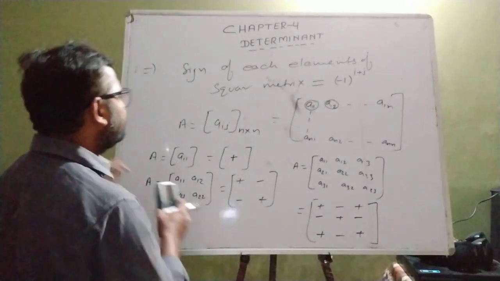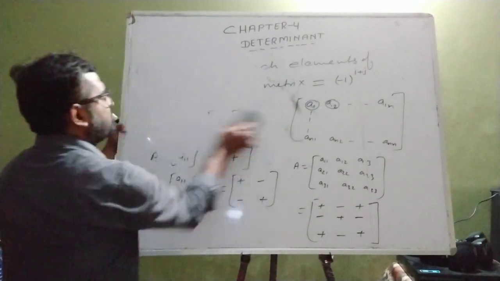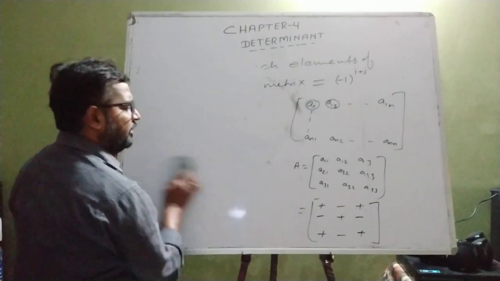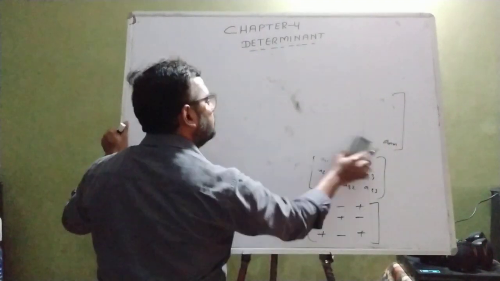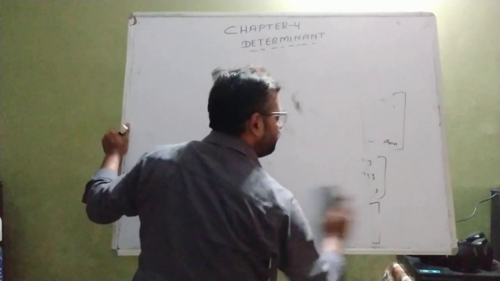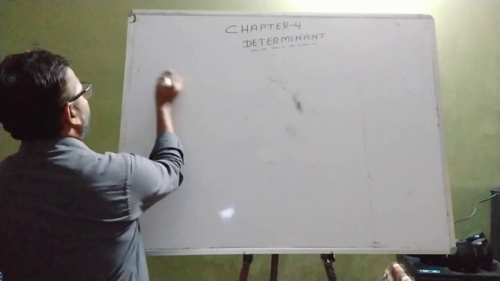Okay. Now this is a very important point, the sign of each element of a square matrix. It will be used in finding the determinant value of a matrix of order 3. Let us check here.